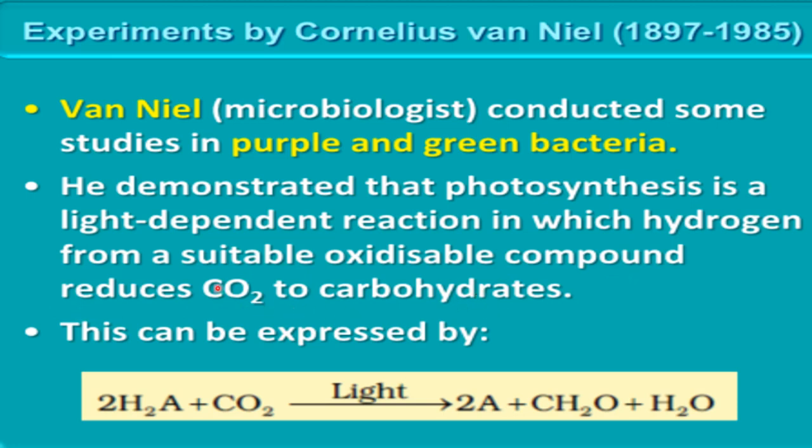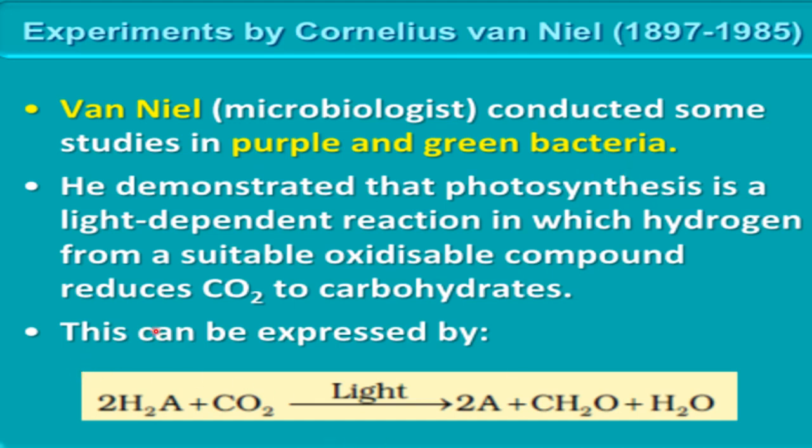Plants use carbon dioxide from the environment, and they also use water. From water these plants get hydrogen, and that hydrogen is responsible for reducing the carbon dioxide and converting it into carbohydrate, means glucose. So it was proved by Cornelius van Niel by performing experiments on purple and green bacteria.